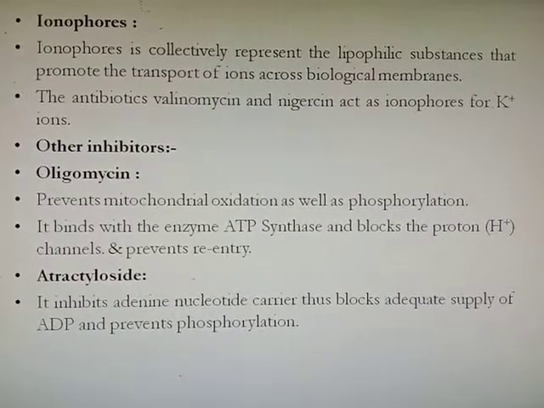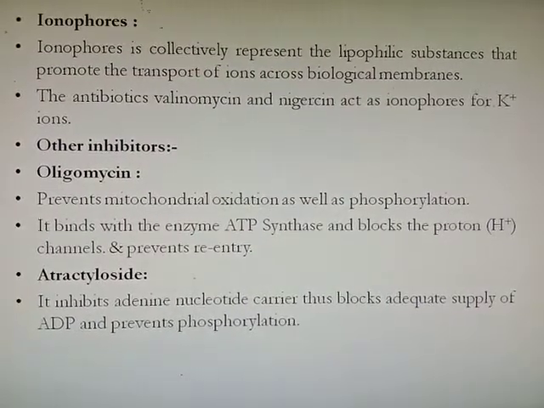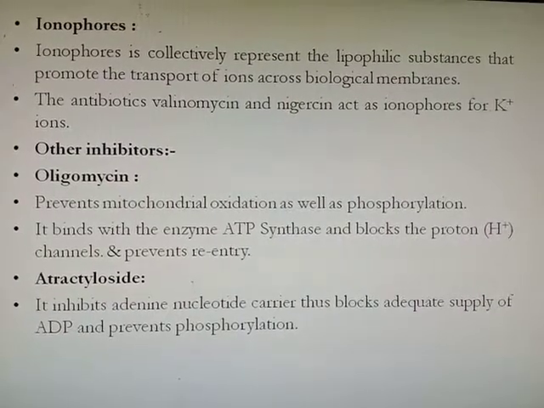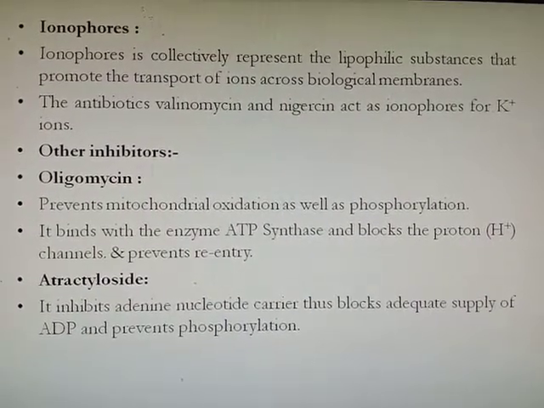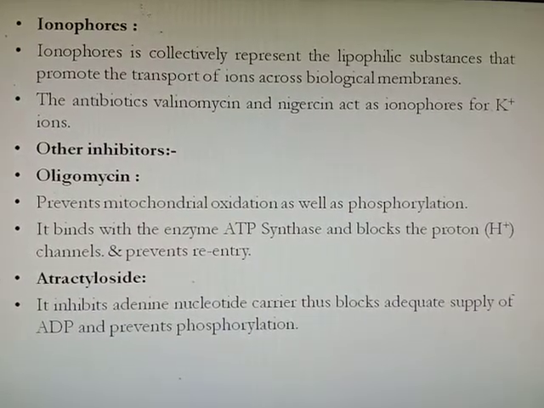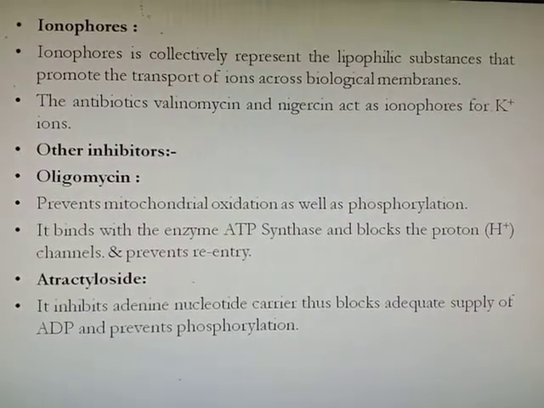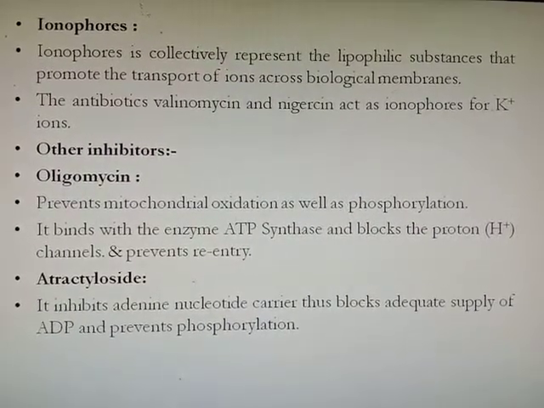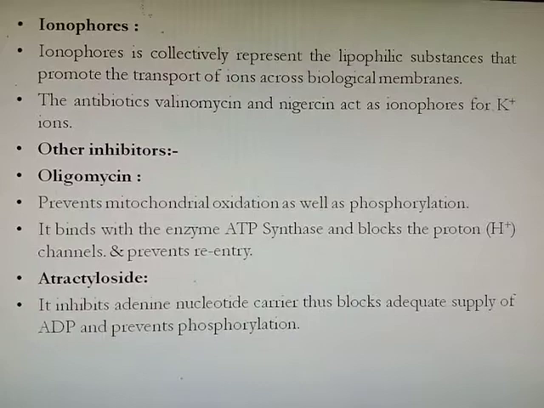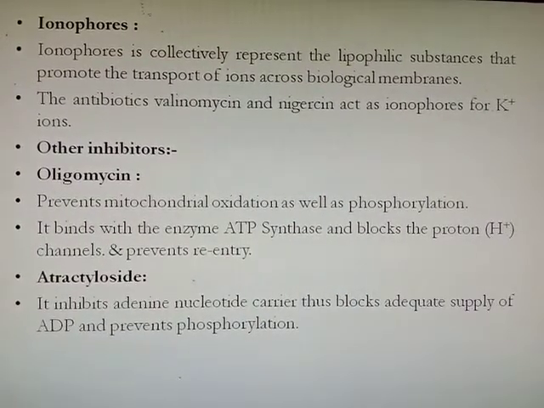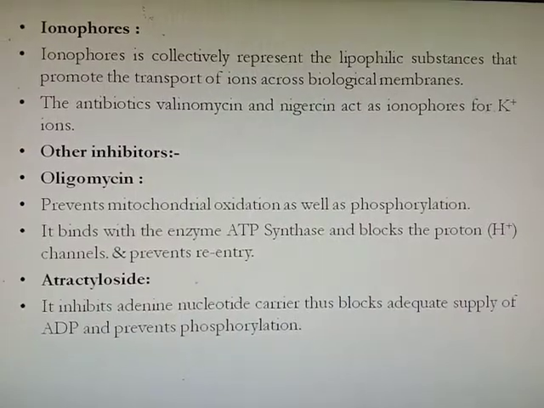It binds with the enzyme ATP synthase and blocks the proton channel and prevents their re-entry into the matrix from the intermembrane space. Then atractyloside inhibits the adenine nucleotide carrier and blocks the adequate supply of ADP in the matrix, and therefore if there is no ADP available, there will be no phosphorylation of ADP into ATP and no ATP synthesis will take place.